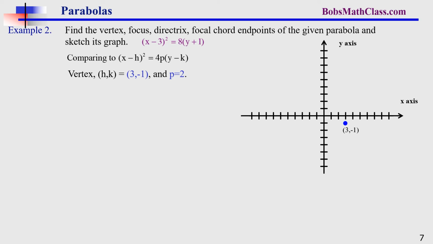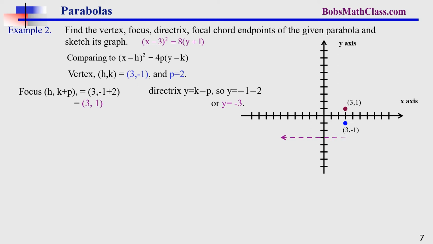So we're going to count 2 units up from our vertex. So the vertex is at (3, negative 1). If you go up 2 units, you'll be at (3, positive 1). And then we're going to go down 2 units. If we're at (3, negative 1) from the vertex, we go down 2 units.